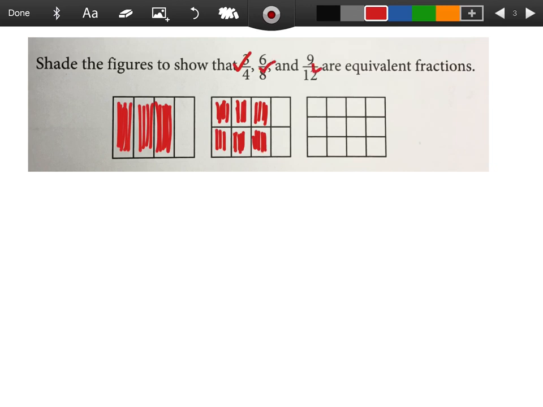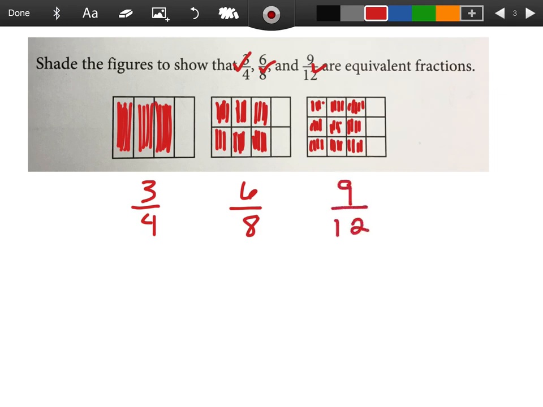And then this one is 9 out of 12. So 1, 2, 3, 4, 5, 6, 7, 8, 9. So 3 out of 4, 6 out of 8, 9 out of 12.